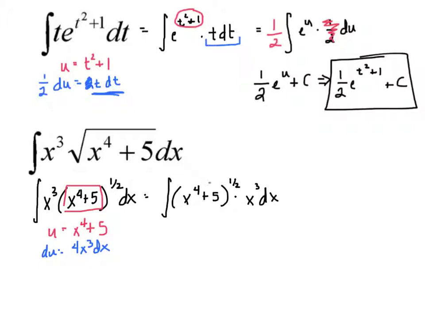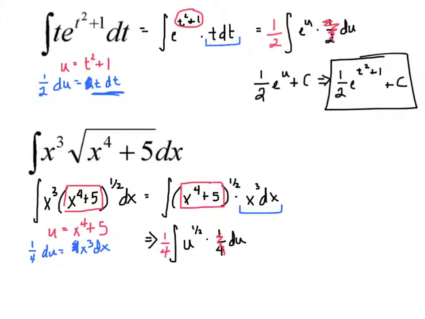So now I can make this u, and if I go back here and divide both sides by 4, I can replace x cubed dx with a 1/4 du. So my new integral is u to the 1/2 multiplied by 1/4 du. Bring this out front like always. Okay. We raise the power, so it becomes 3/2.